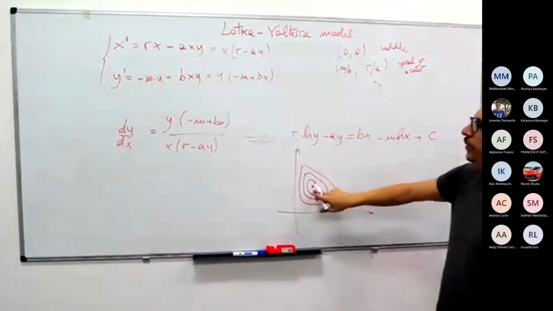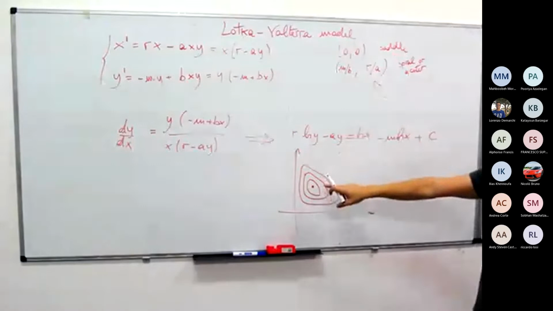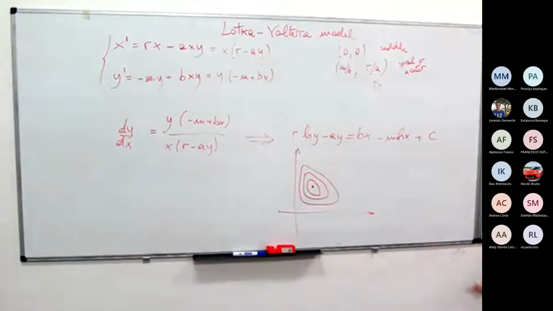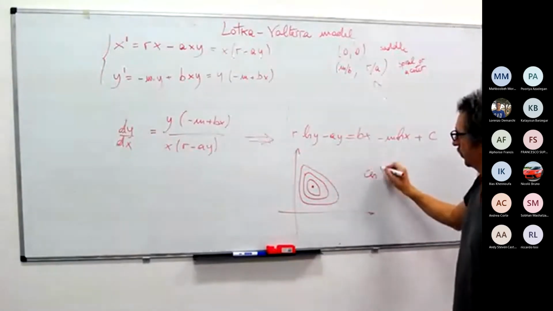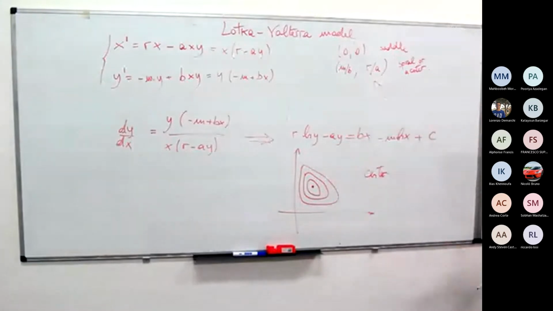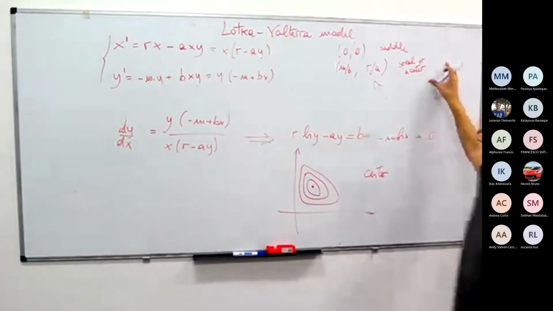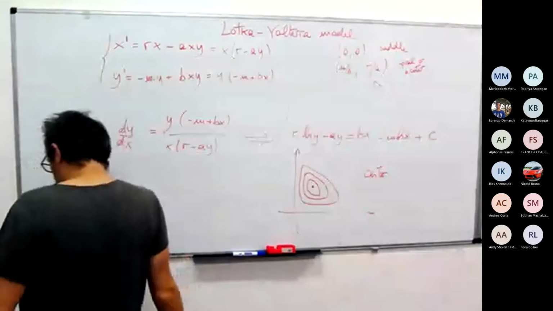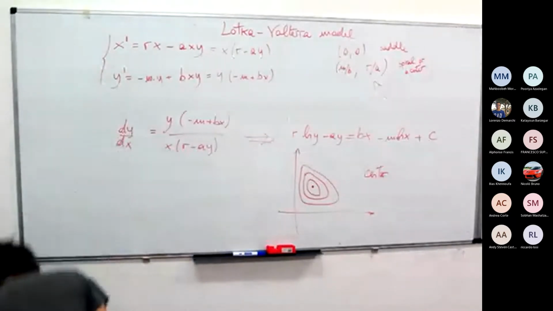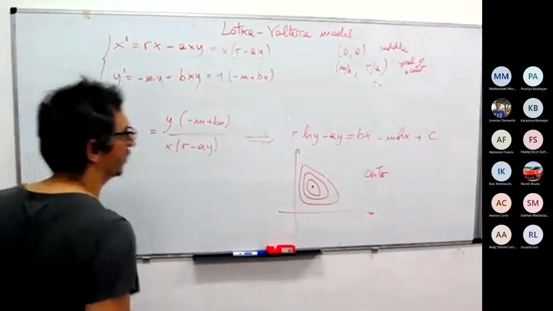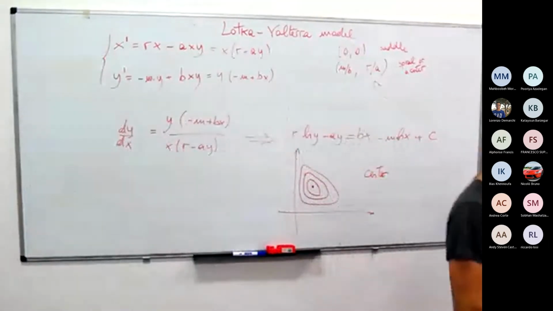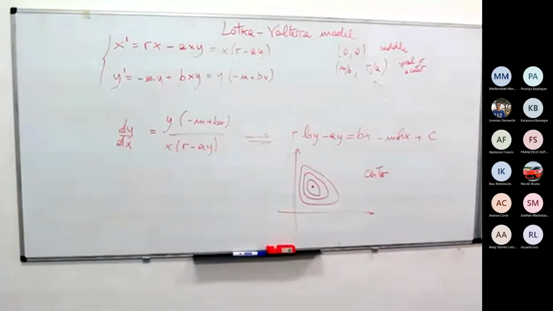So the non-trivial critical point of the Lotka-Volterra model is a center, which is something that I would have expected from the nonlinear analysis, even if it was not a conclusive analysis. Any questions?